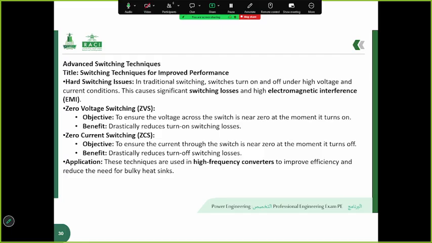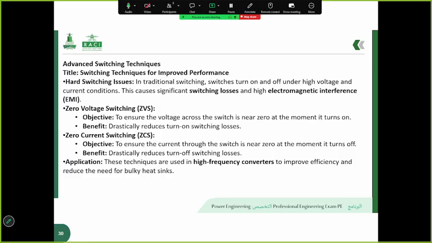To overcome these issues, soft switching techniques were developed, specifically zero voltage switching or ZVS and zero current switching or ZCS. The primary objective of ZVS is to ensure that the voltage across the switch is zero or close to zero at the moment it turns on.